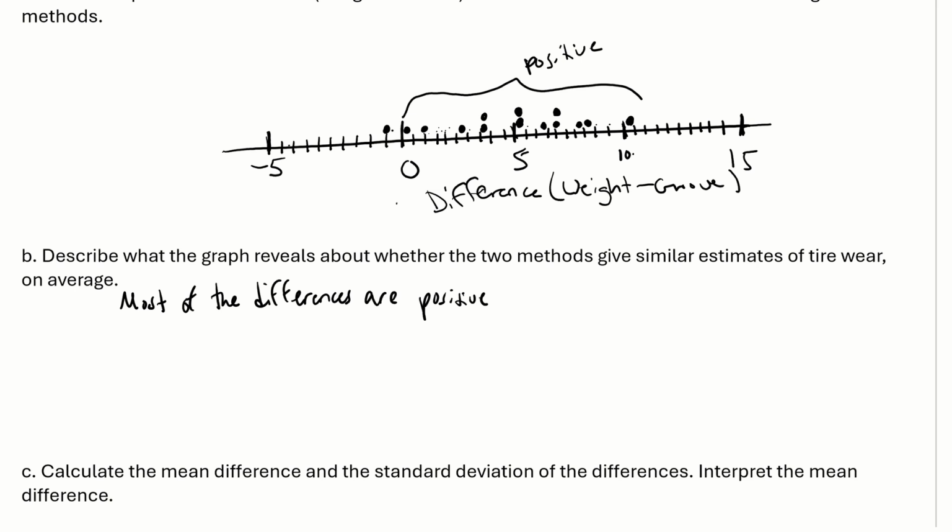So what that means is that whenever we estimate the distance by weight, we get a bigger estimate than if we measure it by groove, because we're getting a positive difference.